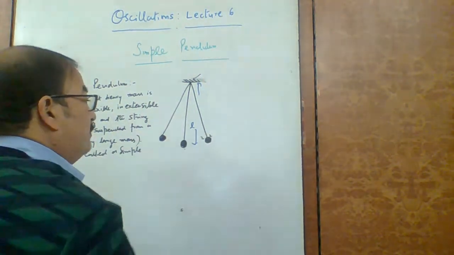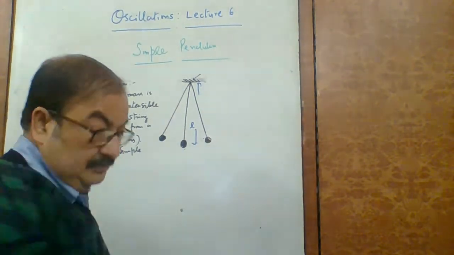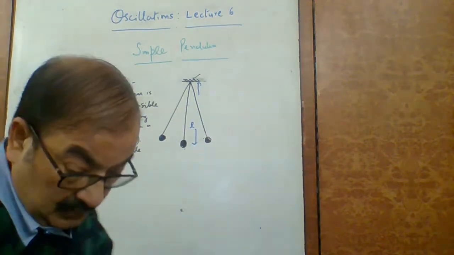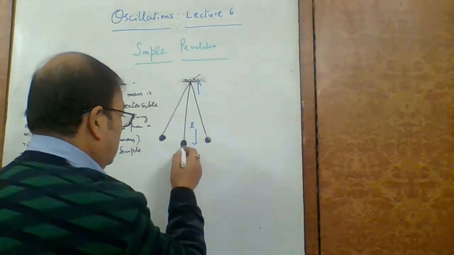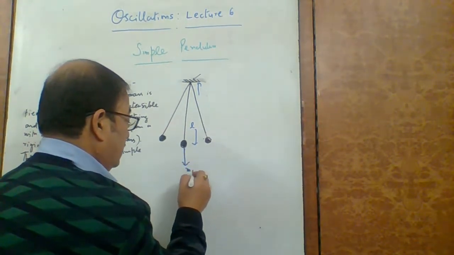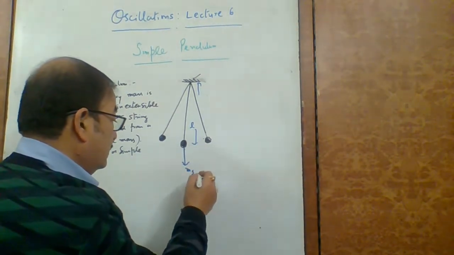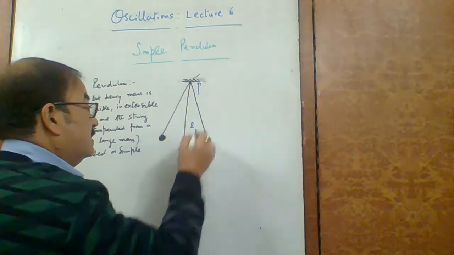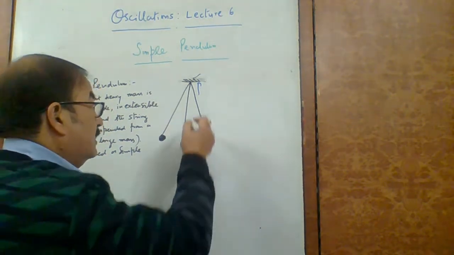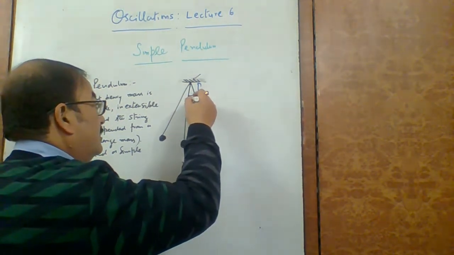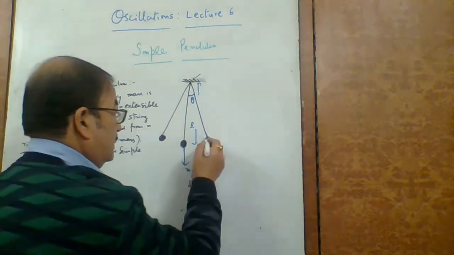Now this is the simple pendulum of effective length L. At this particular point, its weight mg is acting vertically downward, and this is the maximum point up to which it moved, and therefore this is your maximum angular displacement theta.